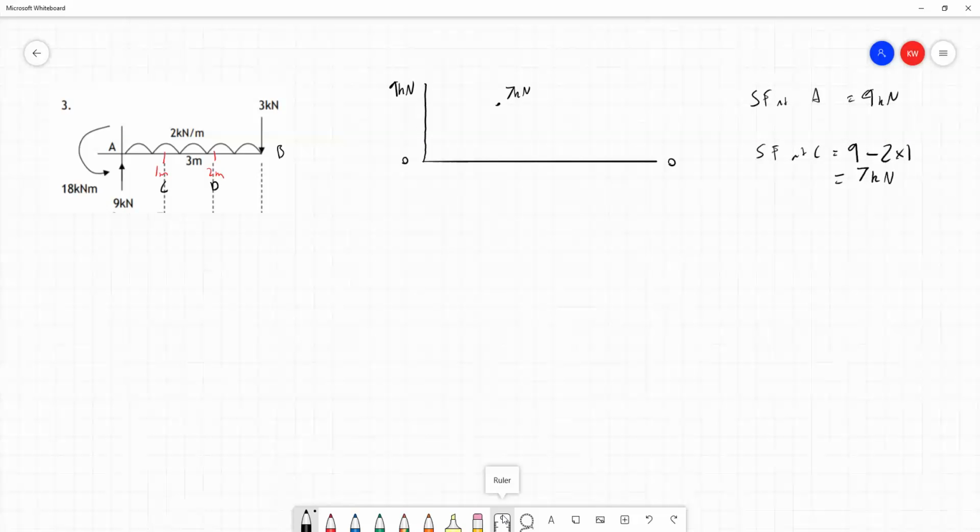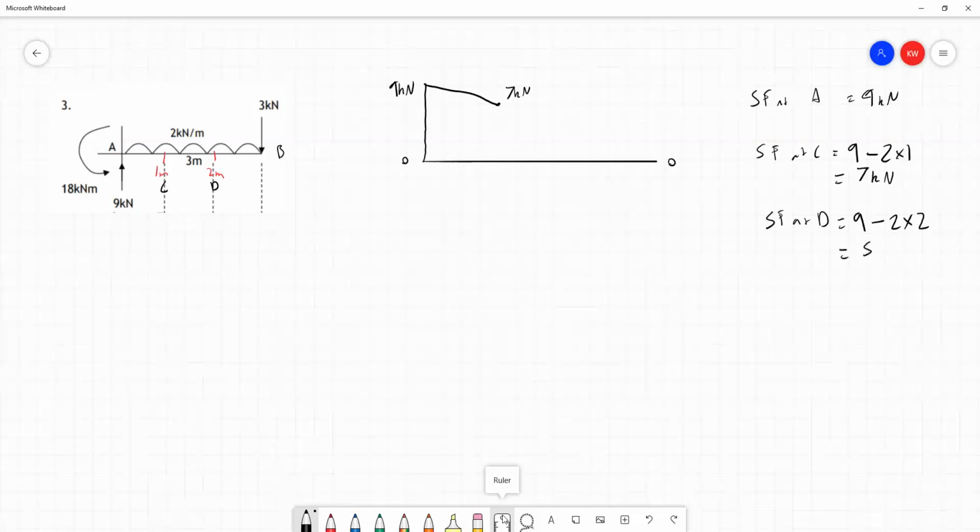Now, when we have uniformly distributed load and no point forces being added at this point, it's a linear slope, which means a straight line from where we were at A, sloping down to point C there. Now let's consider another meter along the beam, the shear force at point D. Well, we still have our 9 kilonewton upward force at point A, but now we have 2 meters of beam at 2 kilonewtons per meter, so it's minus 2 times 2.